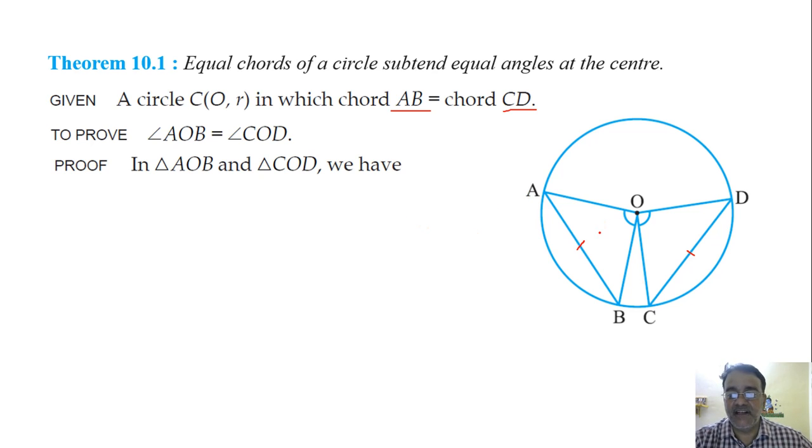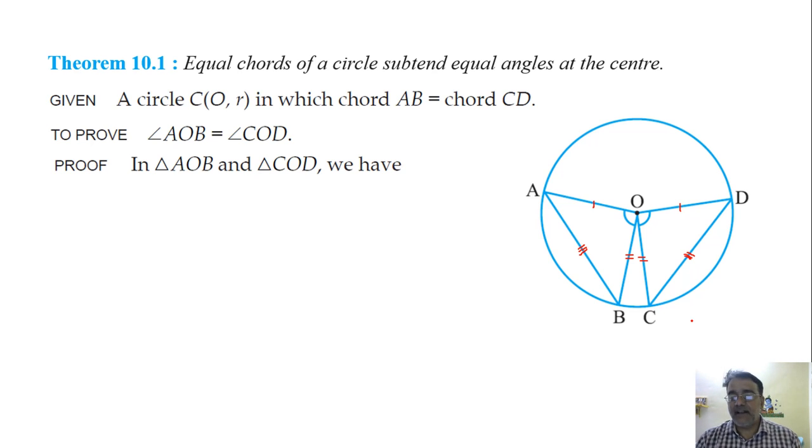We'll start directly with these two triangles, and we are going to prove them congruent. How will we prove it? See, these two sides are equal. Why? Radii of the circle. And these two are also equal, radii of the circle. And this is also equal. Why? Given.